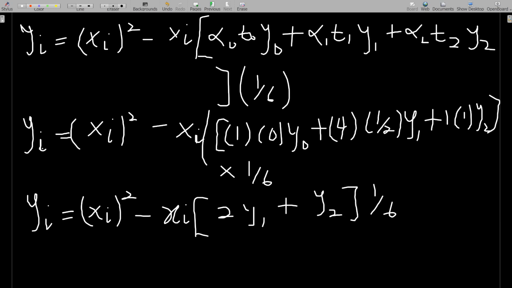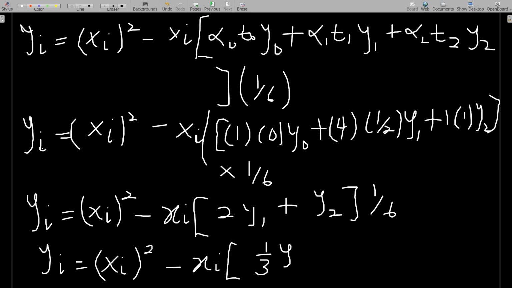This is turning out to be a very simple one. I told you it's very, very simple. Just that if you don't know what to use, the formulas, the alphas and the tj's, then it becomes a problem. So if I multiply 1 over 6 throughout, I get 1 over 3 y1 plus 1 over 6 y2. So in terms of the t's, I'm done.